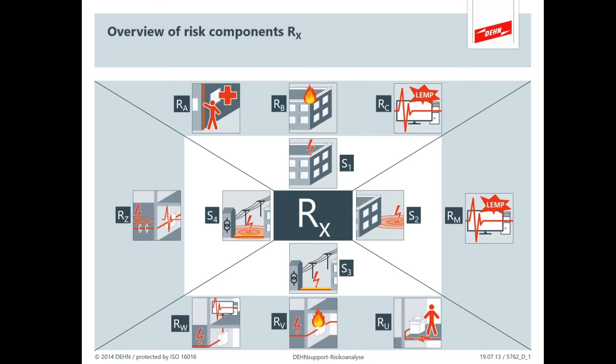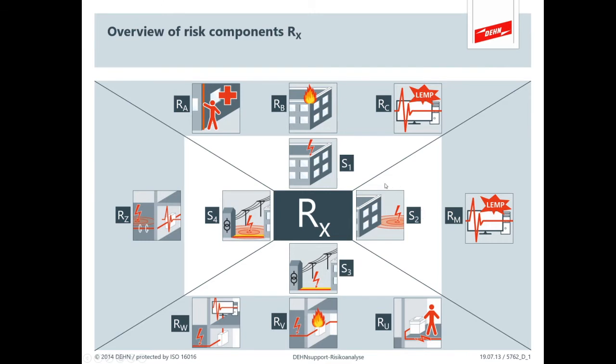You can see on this picture these different kinds of risk components, starting with RA, RB, and RC. These 3 belong to source number 1, meaning that we are speaking here about a direct lightning strike to the building or structure. You can see it in this icon. At source number 2, we are speaking about RN.